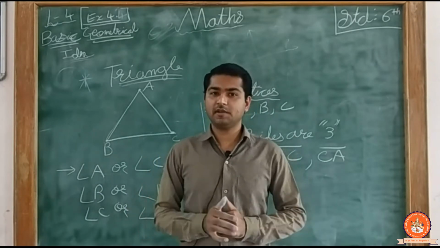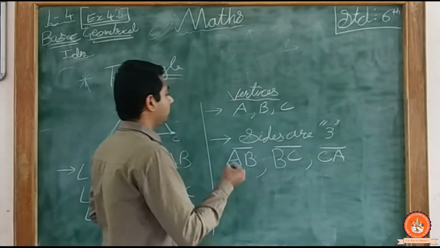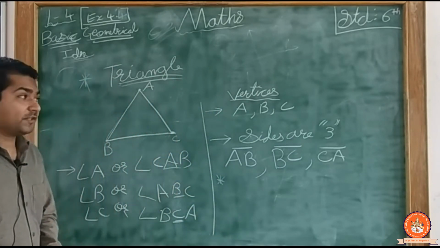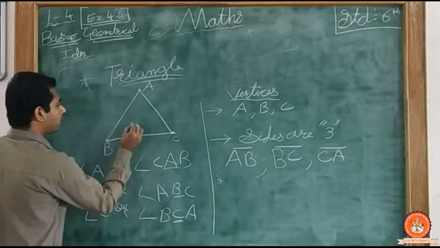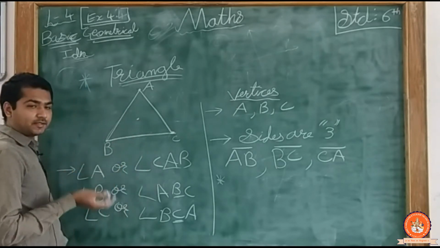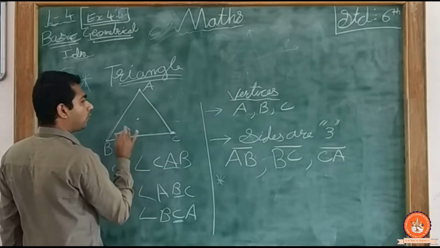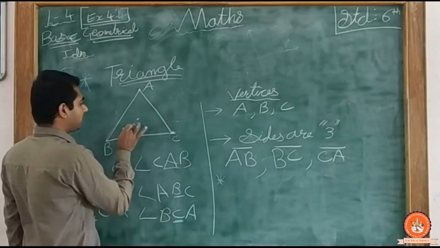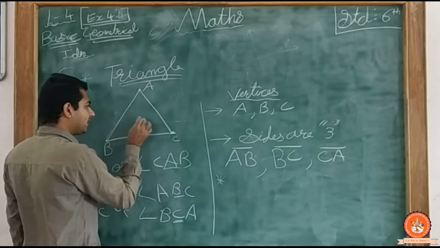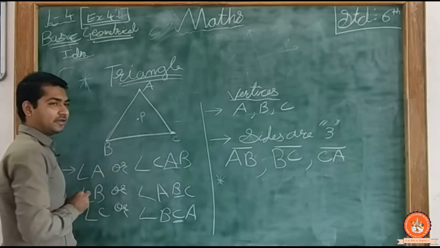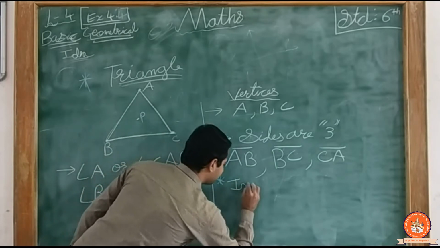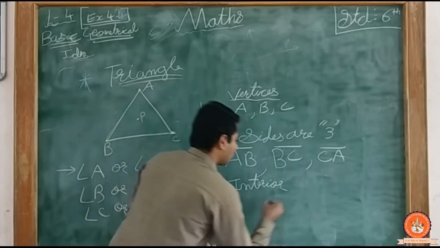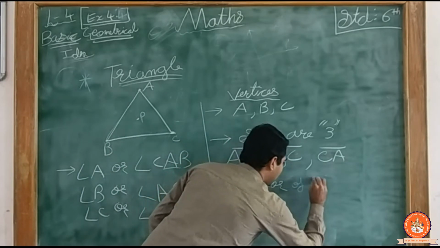Here also we will understand this. If I want to explain what is interior, it is the point which is inside the figure, the figure which has a closed surface, a closed curve, and the points inside it are interior. So the interior of a triangle.